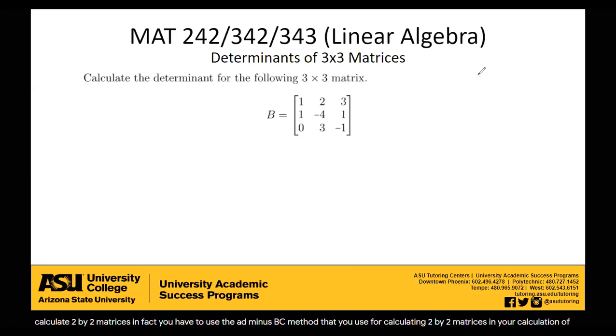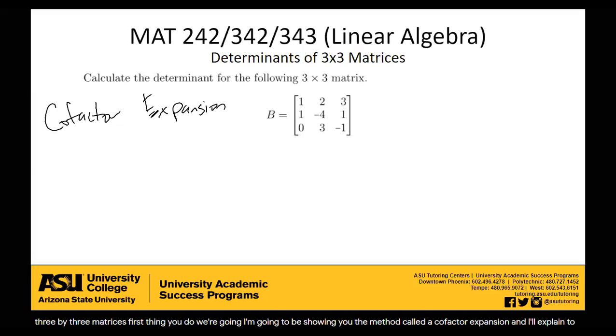So, I'm going to be showing you the method called a cofactor expansion, and I'll explain to you exactly what a cofactor is in a moment. Now I'm going to try to do this explanation without getting too in-depth on the theory and the detail behind it, and just try to give you a direct method for calculating the determinant.